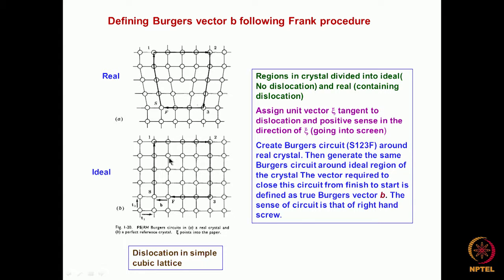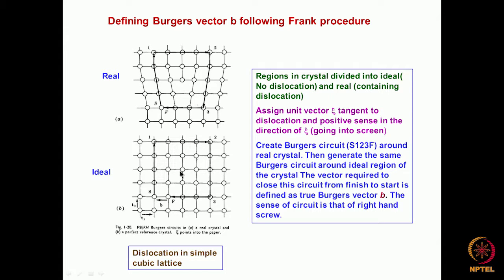Then we do the same process around a region which we call an ideal crystal, which does not contain any defect. Then one will find that when we reach the end point, there is a gap between the starting point and the end point, and the separation between them defines this Burgers vector.